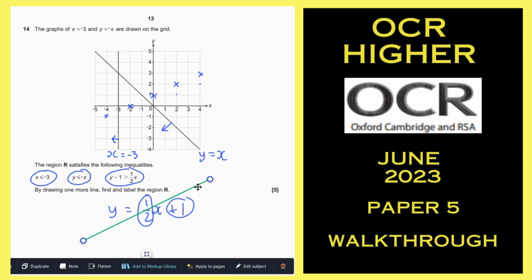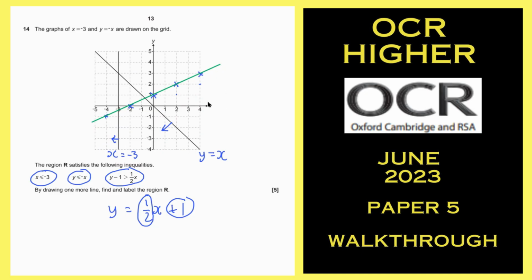But rest assured, folks, I'm hoping that you can forgive me. The fact is, that should be a dotted line, a broken line, if you want to call it that. Anyway, 1 mark for plotting it, 1 mark for it being dotted. Then you get 3 marks for shading in the fully correct region.